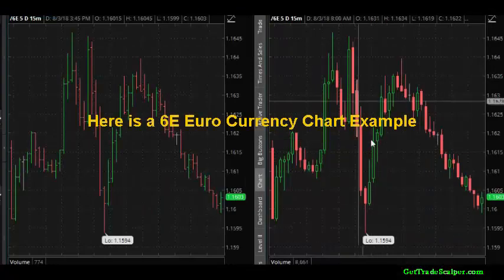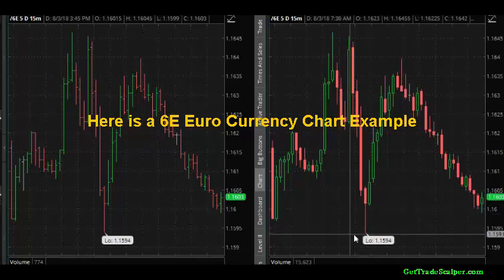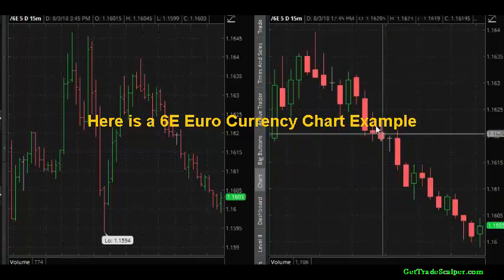Now, as a quick example here with respect to the Japanese candlestick, you can see here where price, let's see if we can get a little closer here.